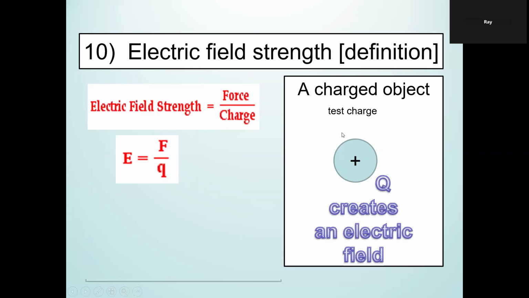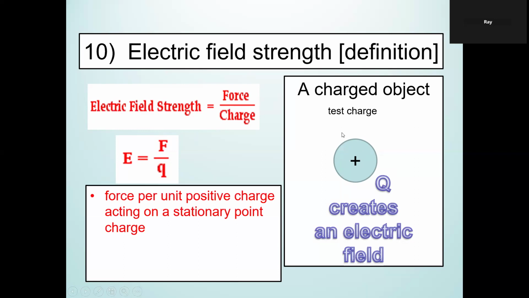So we put a test positive charge there. We define it as force per unit positive charge acting on a stationary point charge. Place a test charge q and find the force on it.